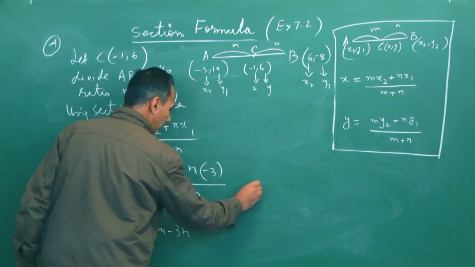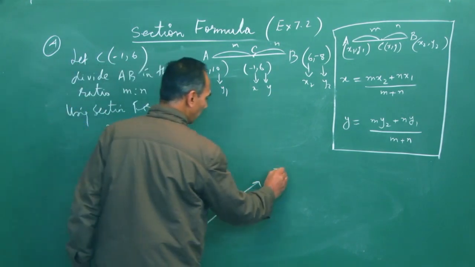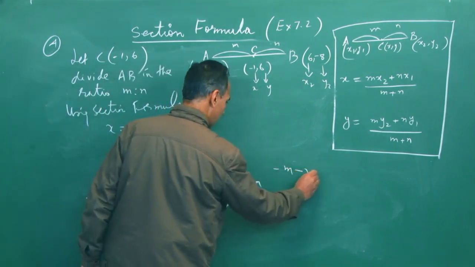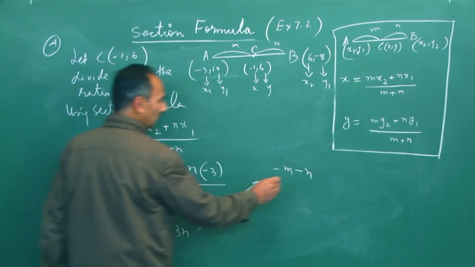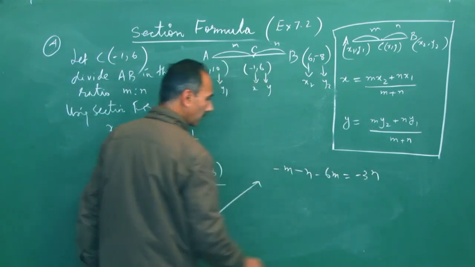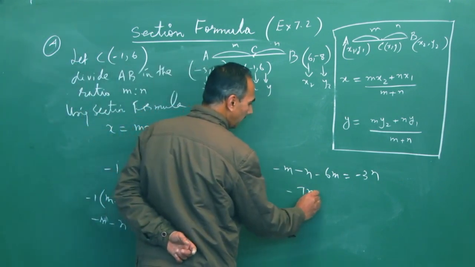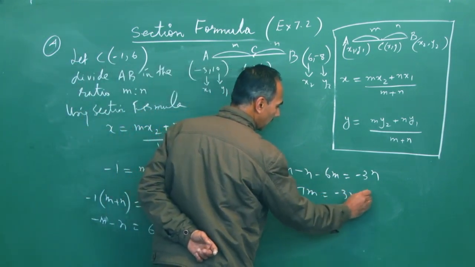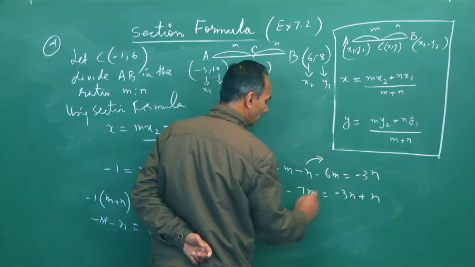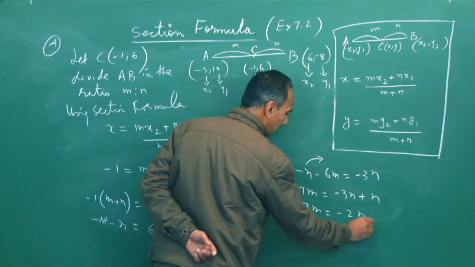So if we segregate m to one side and n to the other side, this would be -m minus n. Let me take 6m to the left. It's minus 6m, equal to minus 3n. So that would be minus 7m equal to minus 3n plus n. I shifted this to the right. So minus 7m equal to minus 2n.